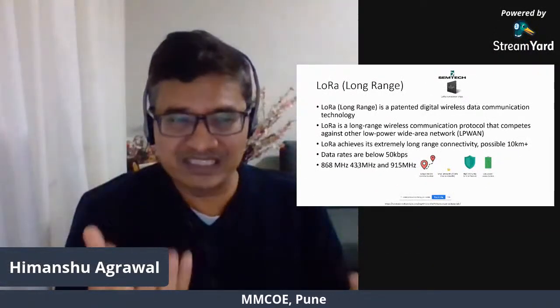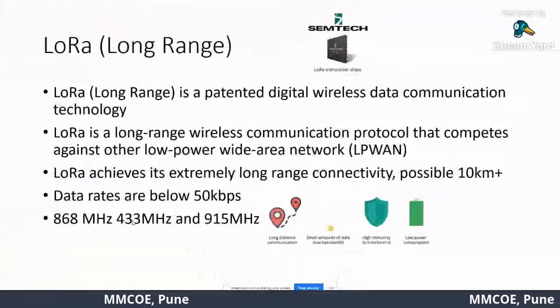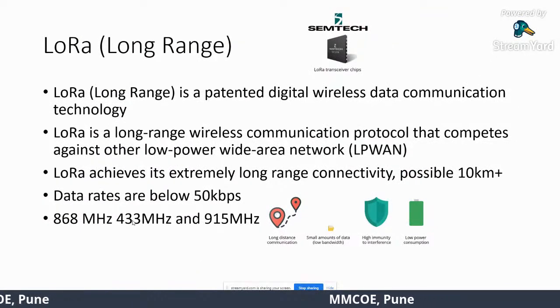It is a very crowded space in terms of frequency. So if you are making any standard at 2.4 gigahertz, it is quite crowded and creates lots of interference. So 868 megahertz, 433 megahertz, or 915 megahertz are the three frequencies we use with LoRa in different parts of the world.